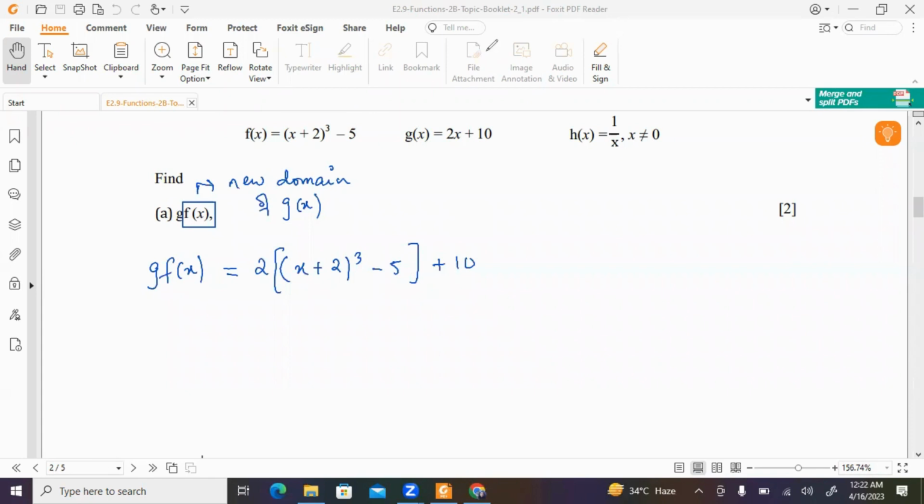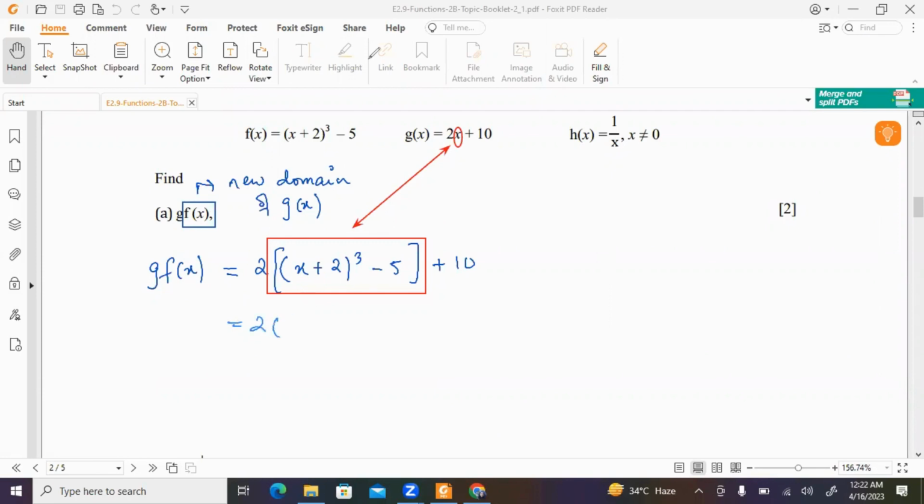Now if you compare the two equations, this x over here has been replaced by this entire thing. Going back to the question, I'm going to expand the brackets.